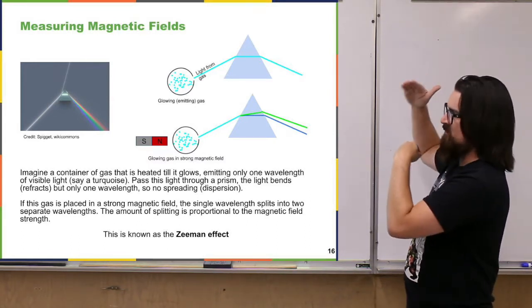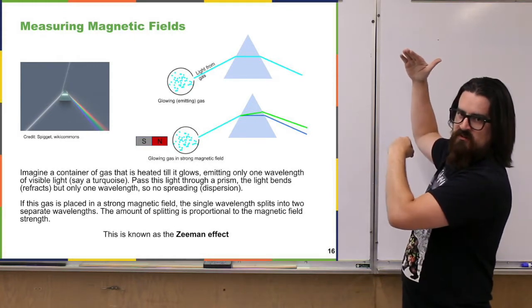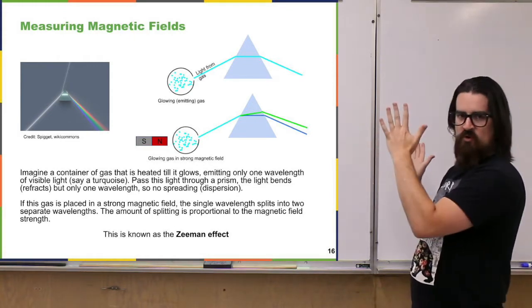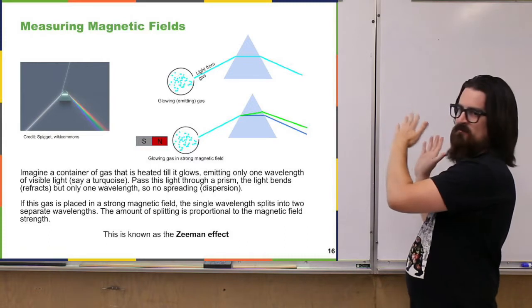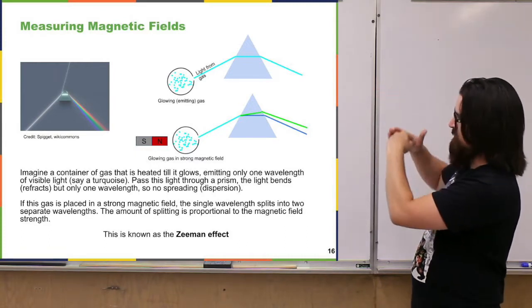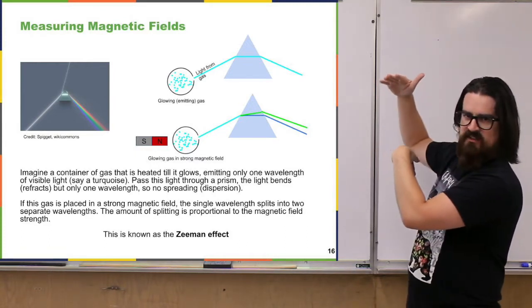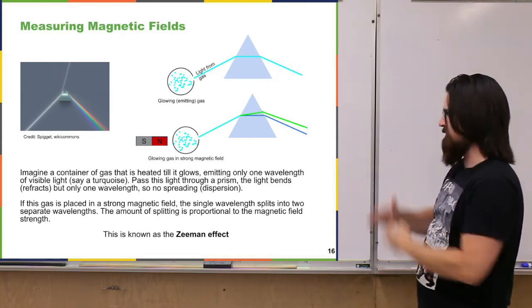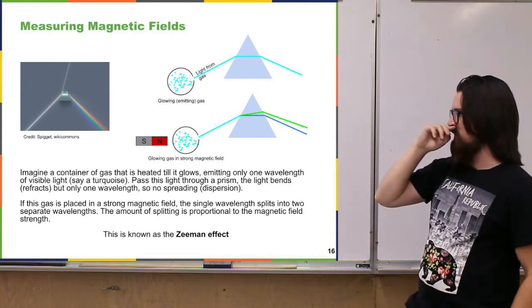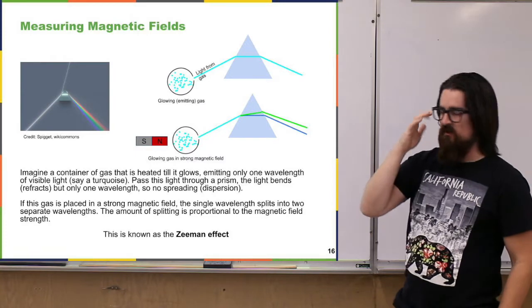So with a very strong magnetic field, these wavelengths are going to split more. In this case, splitting more would mean that you're pushing the wavelengths even further from that turquoise, so we might end up with like a violet and an orange. You're getting further and further away from that initial wavelength. This is known as the Zeeman effect.